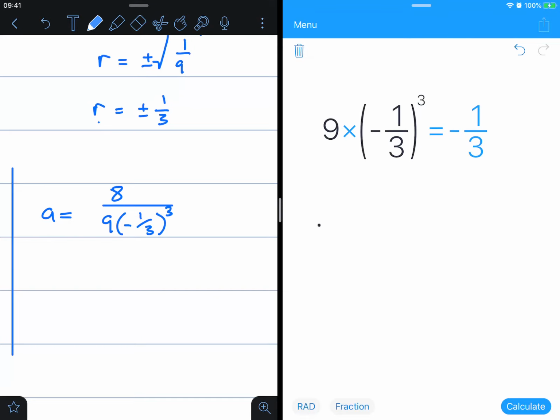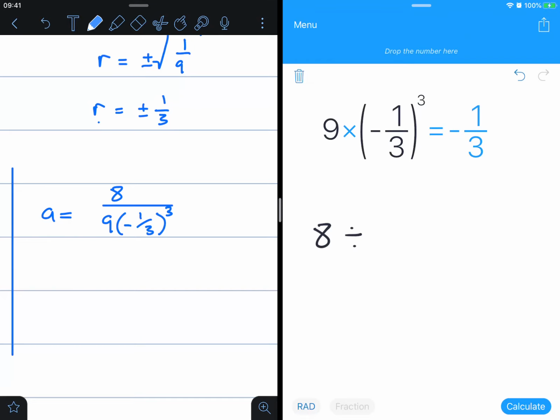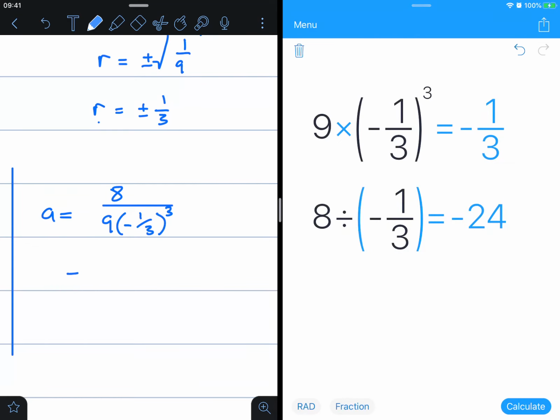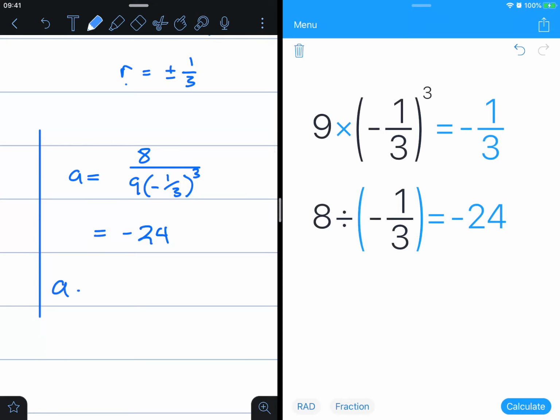Negative 1/3. So 8 divided by this answer here. We get negative 24. This gives us a is equal to negative 24 and r is equal to negative 1/3.